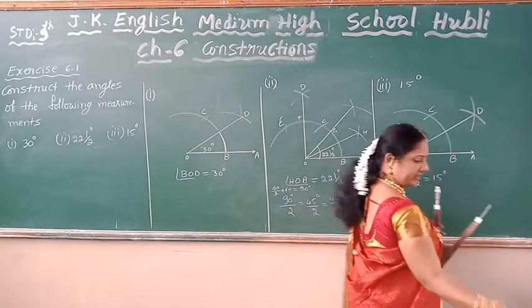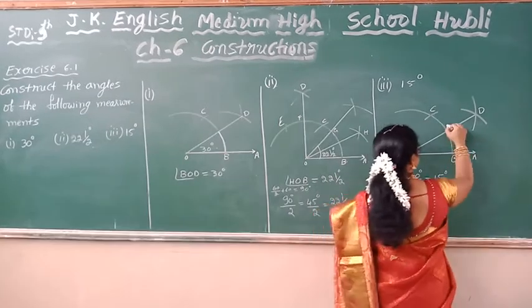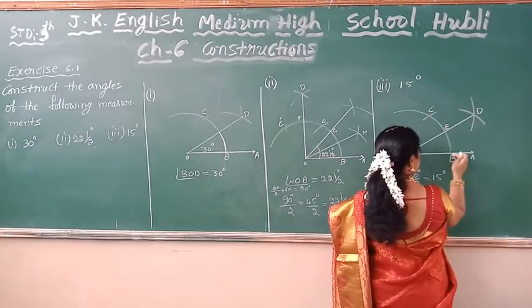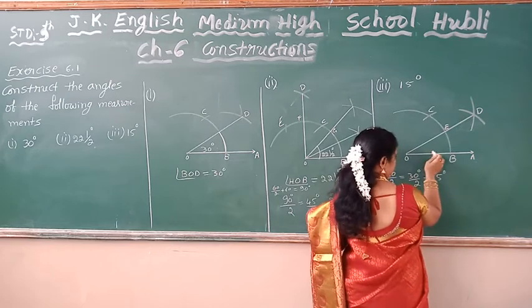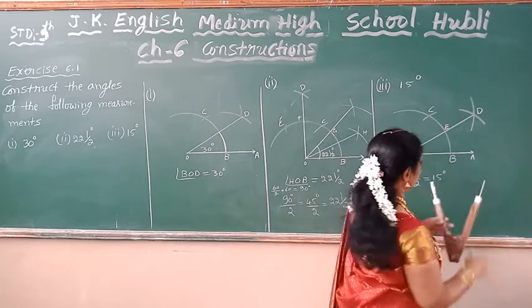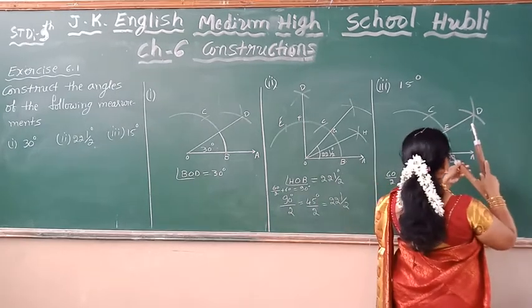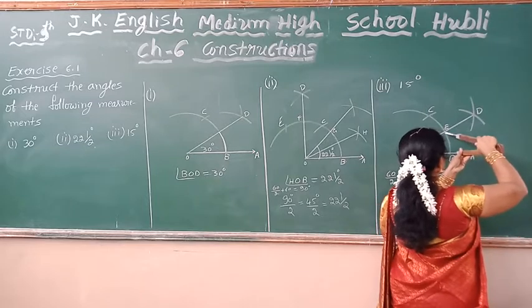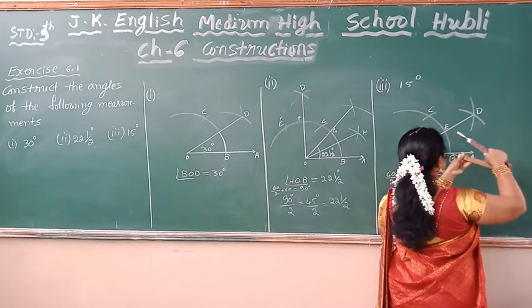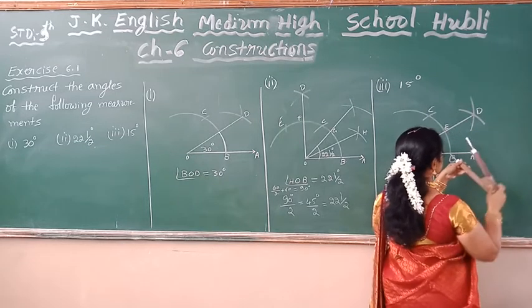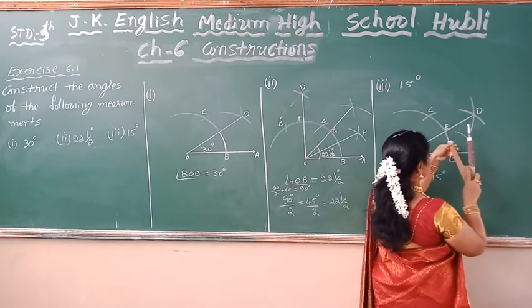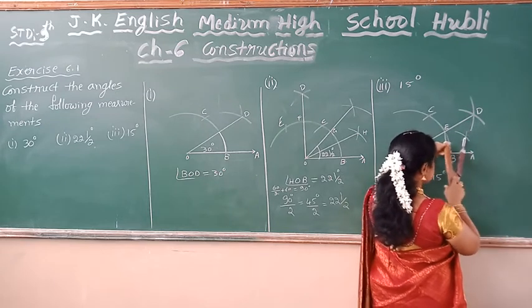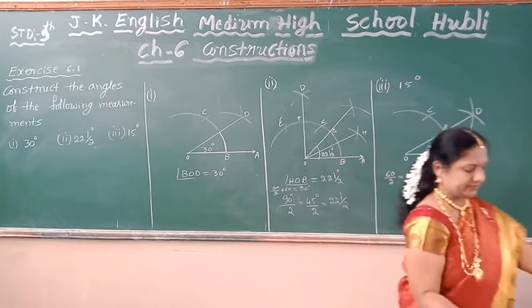The 30 degree angle is named E. So BOE forms an angle of 30 degrees with O. I bisect this 30 degrees now, using more than half or the same measurement. Taking B as center, children, construct one arc here; to bisect this angle, taking E as center, cut this arc, then join.